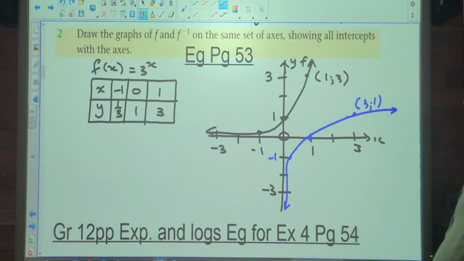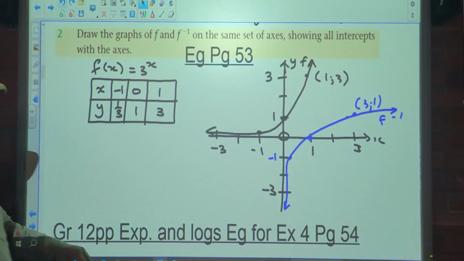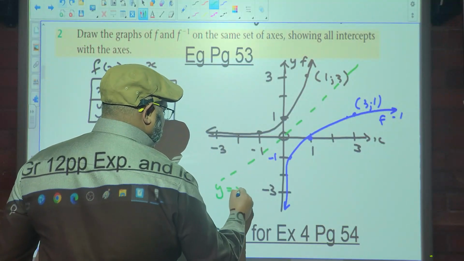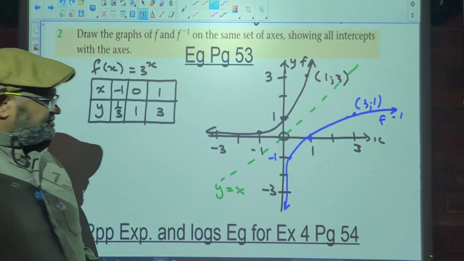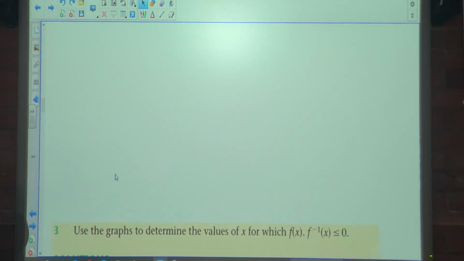This is the inverse function. And is it reflected in the line y is equal to? So draw the graph of f and its inverse on the same set of axes, showing all intercepts of the axis. Intercepts is where it cuts the axis. So any confusion there?